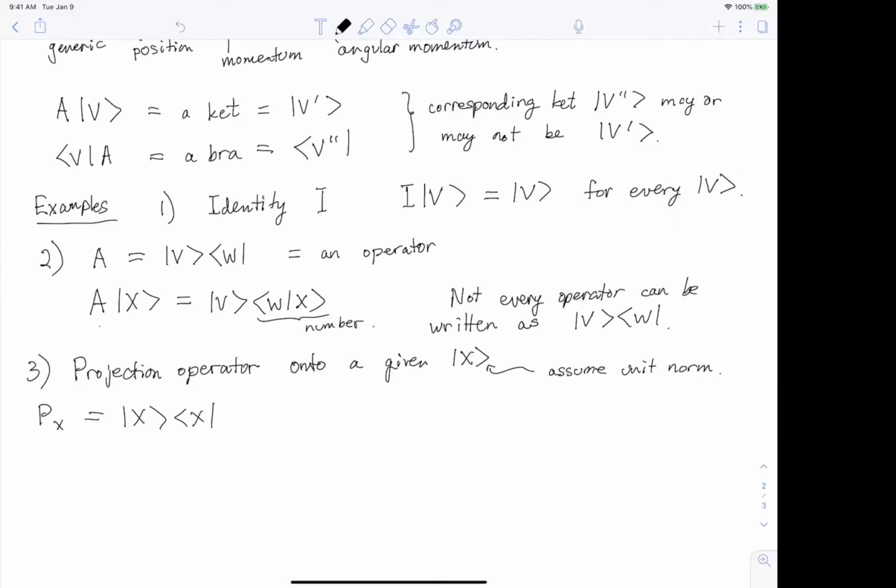So that's an example of an operator that can be written in the ket-bra form. And so how do we know what this thing is? We act on any v, let's say, and the answer we get back is proportional to x. Namely, it's x times the number <x|v>. So this is a ket proportional to x.